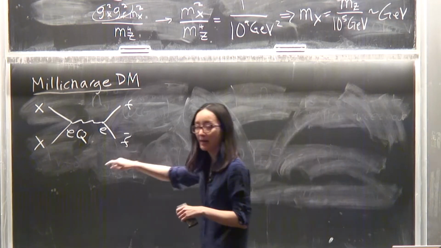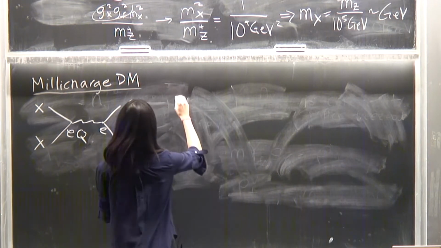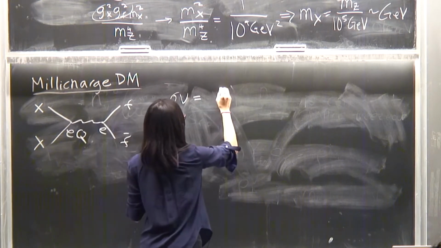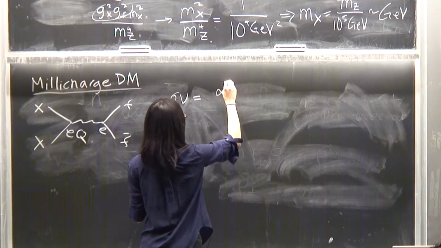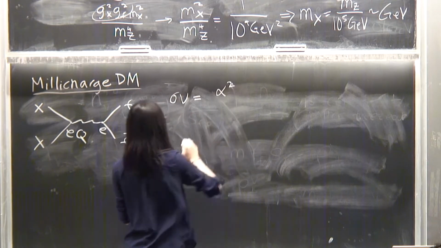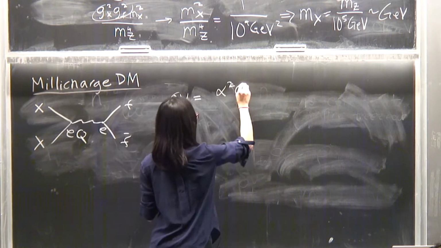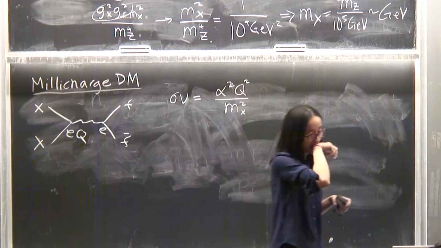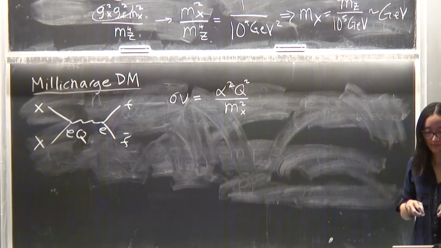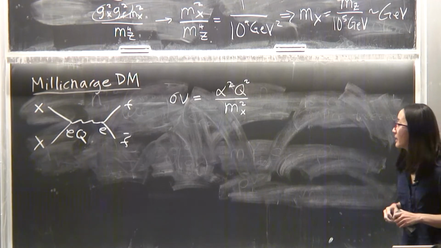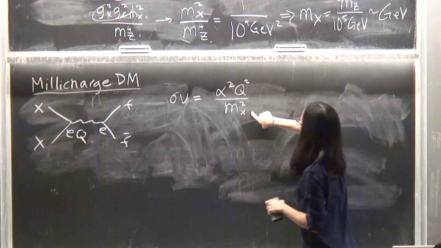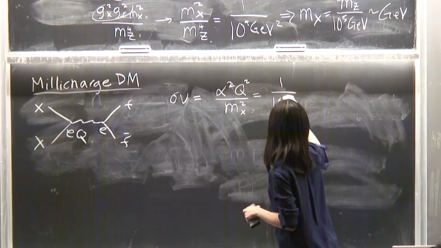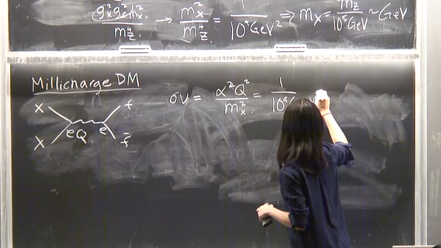So let's see what millicharge we need to get this to work out. Again, the cross section is now, I can just use alpha for convenience, alpha squared, Q squared. So that means, again, setting this to my 10 to the 9 GeV squared number.